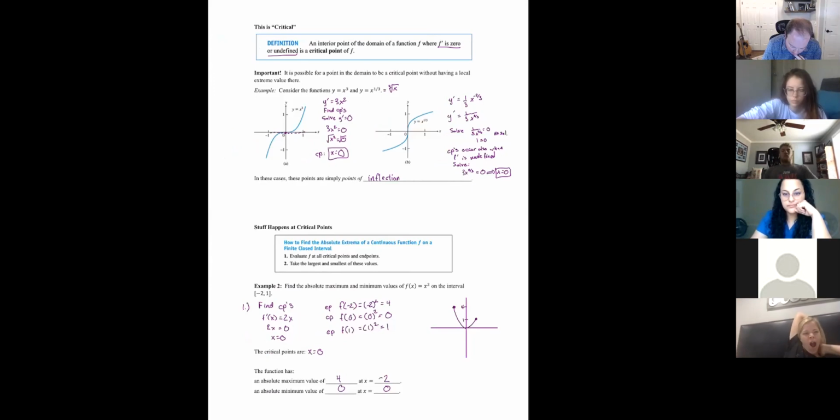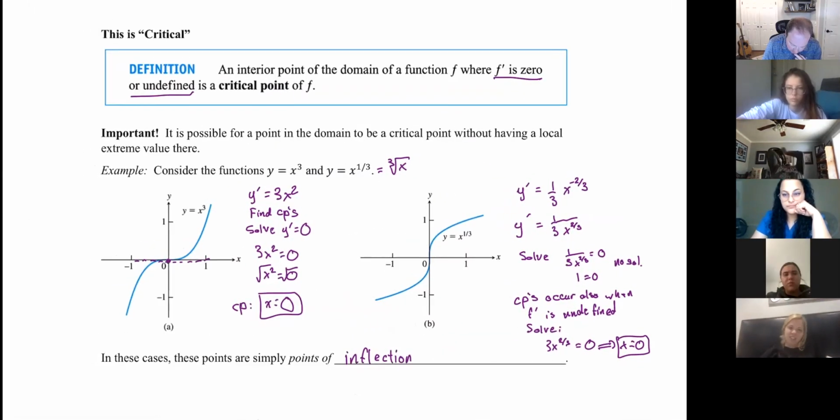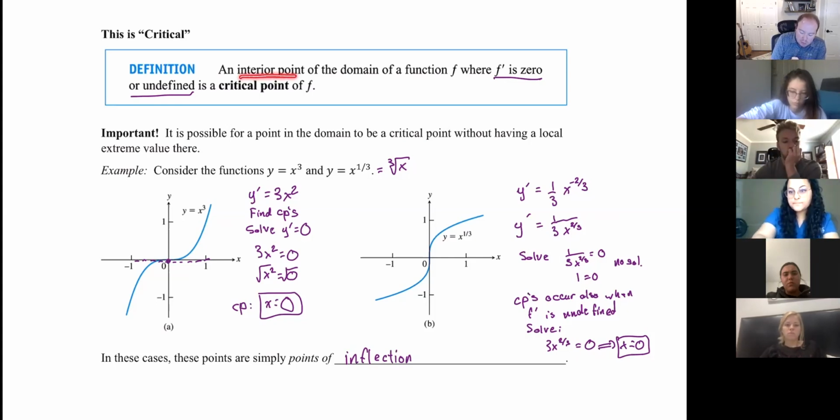The interior point of the domain of the function where f prime of x is 0. So this is a little bit weird how this is worded. Great question, Alicia. See how it says the interior point of the domain of the function is where f prime is 0.